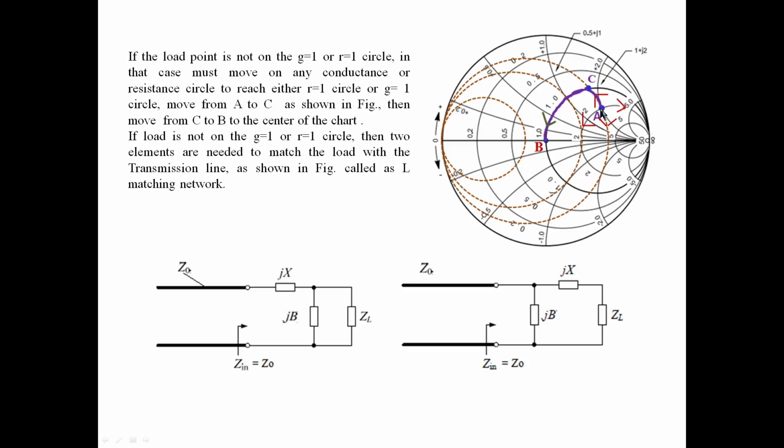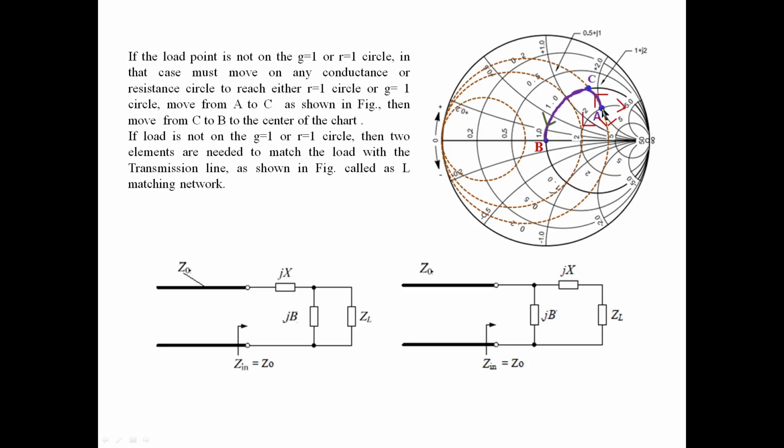While doing L matching, what you should observe first is, at this position, you should identify whether a resistance circle is passing. See, this is a resistance circle passing through that point, the load point I have marked.